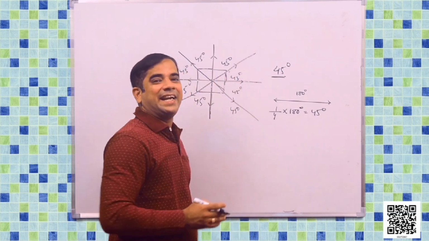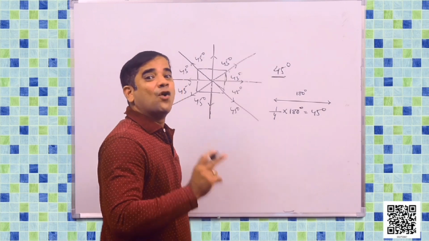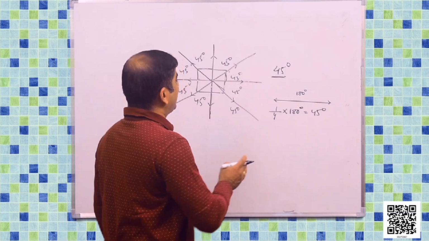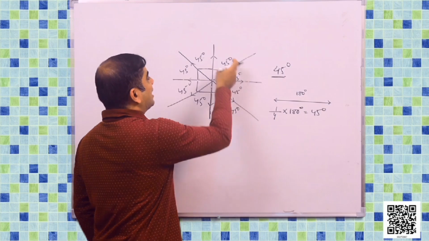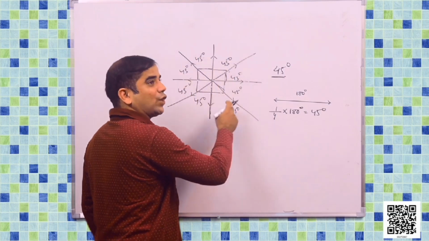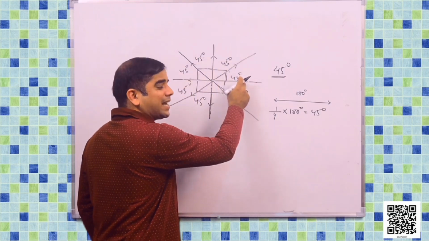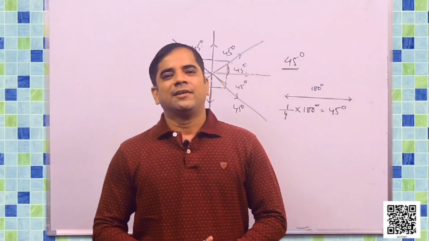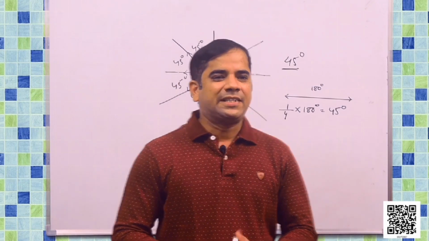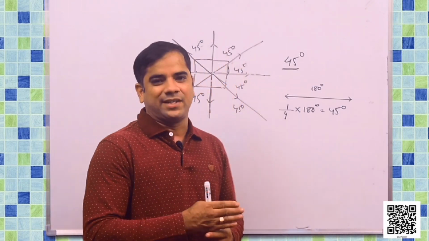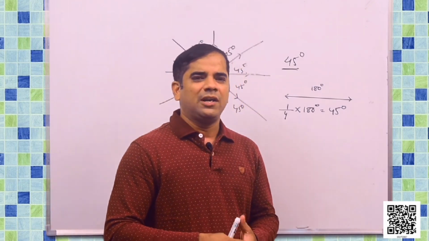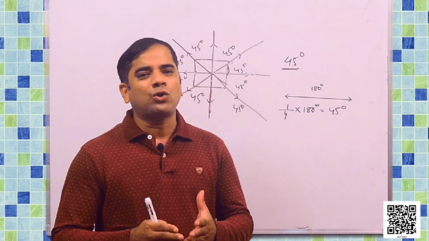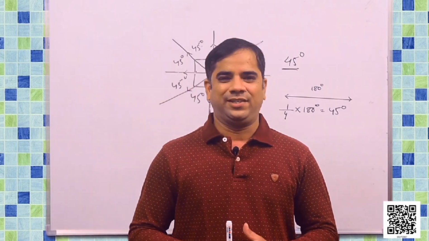So this is maintaining a pattern of turn of 45 degree, and it goes from here with a pattern of 45 degree turn and comes back up to here. Clear? So students, as I have discussed with you regarding the pattern, how the pattern goes, now let us go through your book page wise.